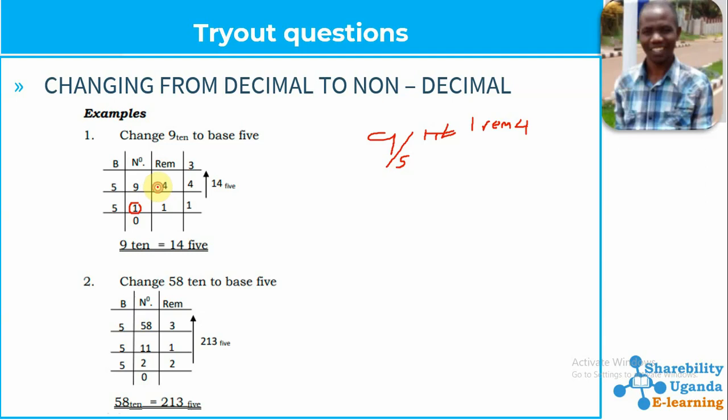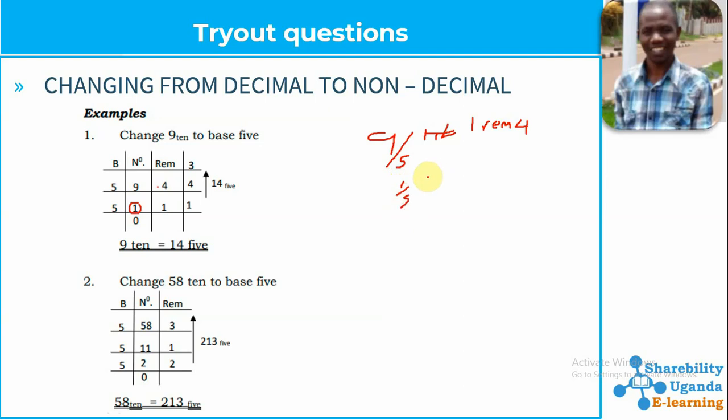After writing our remainder here, then we say 1 divided by 5. We cannot divide 1 by 5, so that simply means we get 0, and we still remain with our 1.